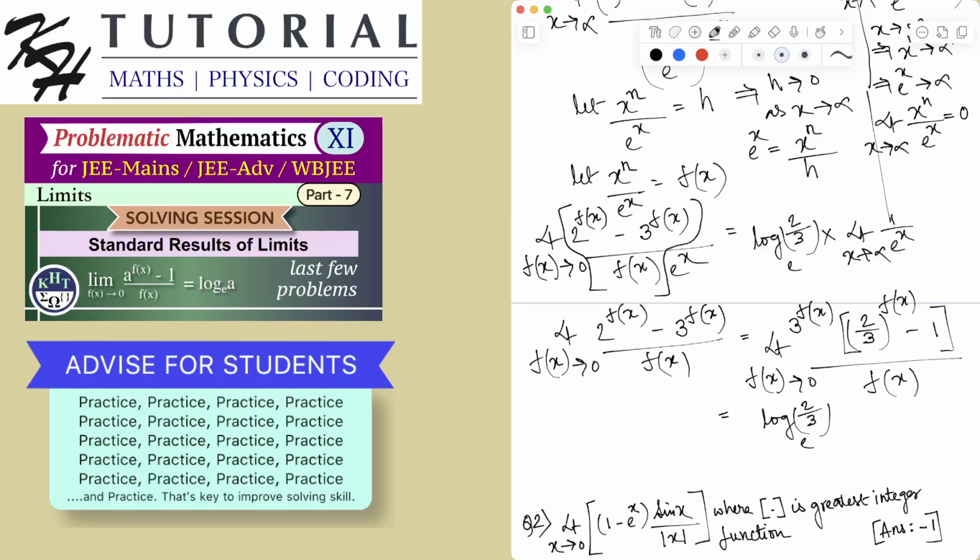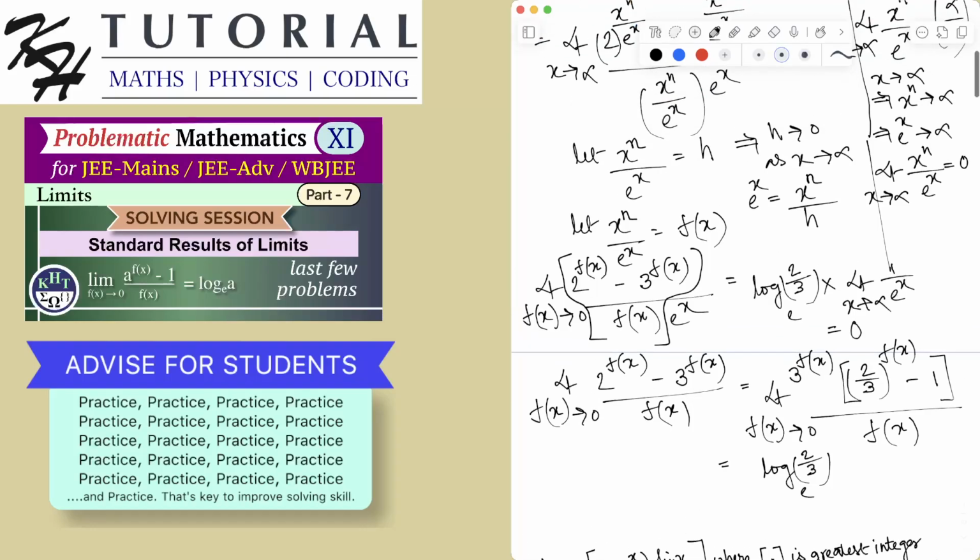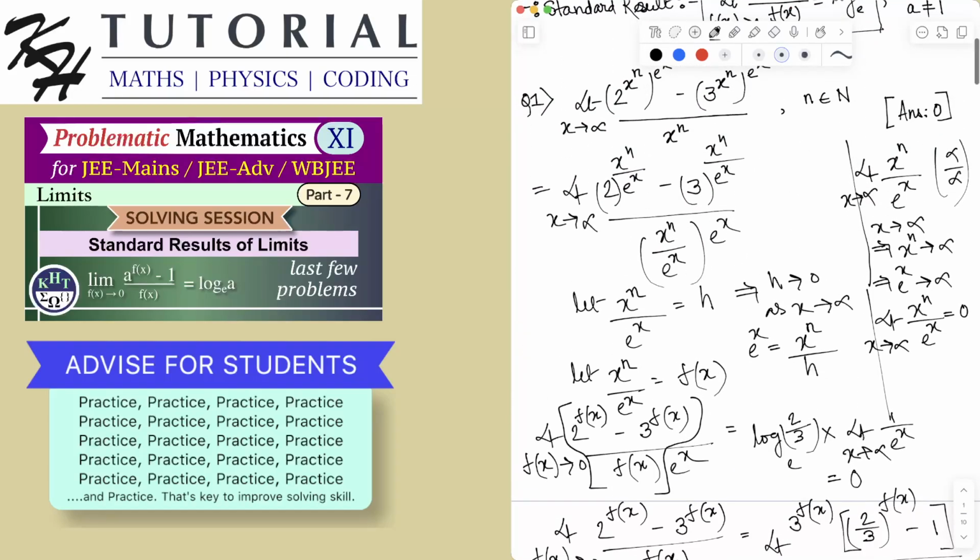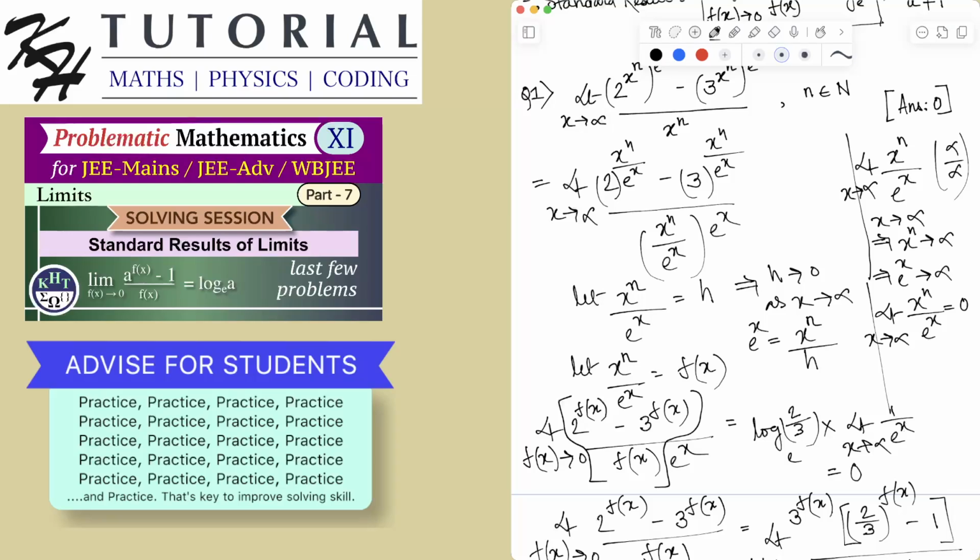Limit x tends to infinity of 1 by e to the power x is 0, because it is 1 by infinity. So the answer is 0. The important thing to understand was that limit x tends to infinity of x to the power n divided by e to the power x is always equal to 0 for n a natural number. This is an important result that you must always know.